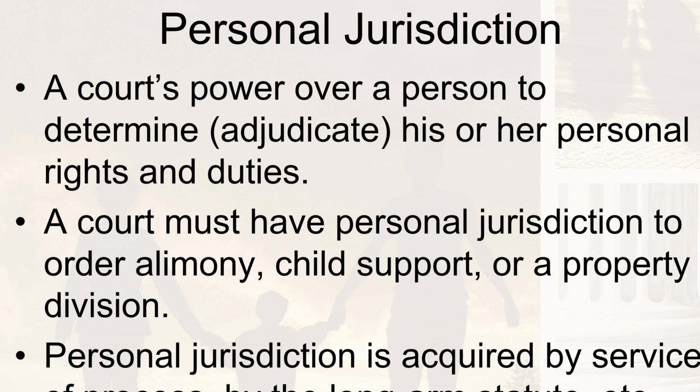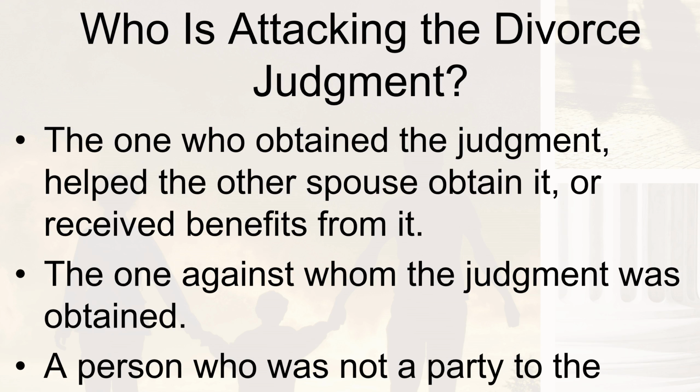Personal jurisdiction is a court's power over a person to determine his or her personal rights and duties. A court must have personal jurisdiction to order alimony, child support, or a property division. Personal jurisdiction is acquired by service of process or by the long-arm statute, also by consenting to be served in that jurisdiction.